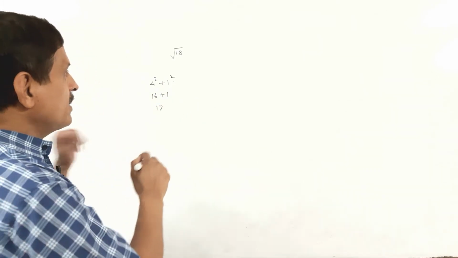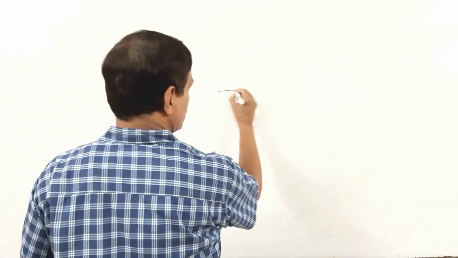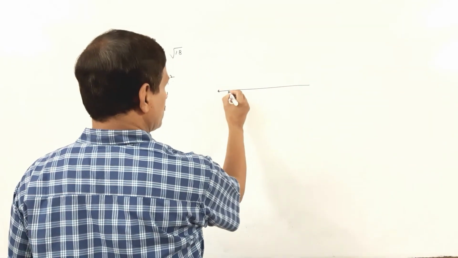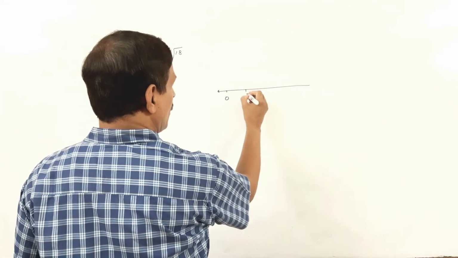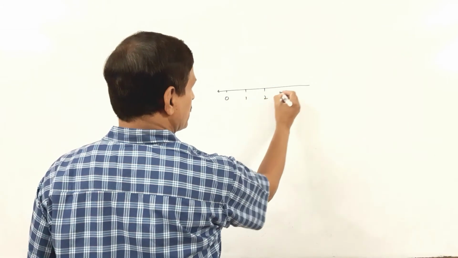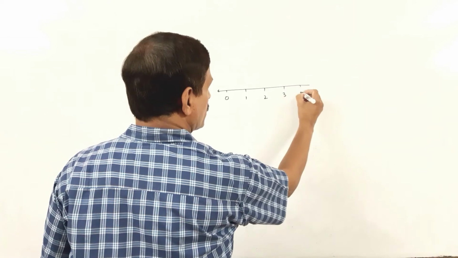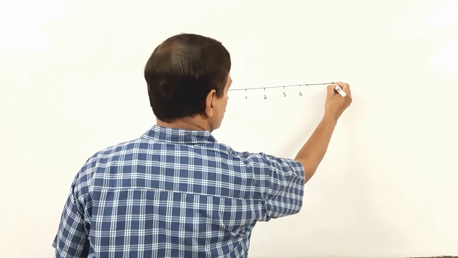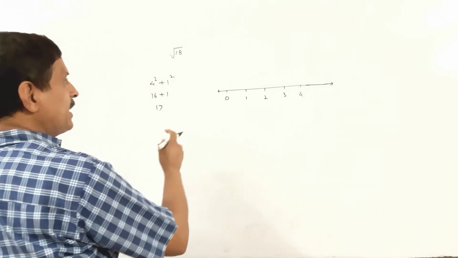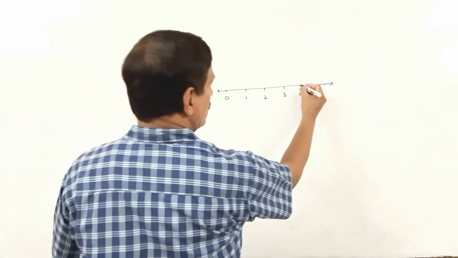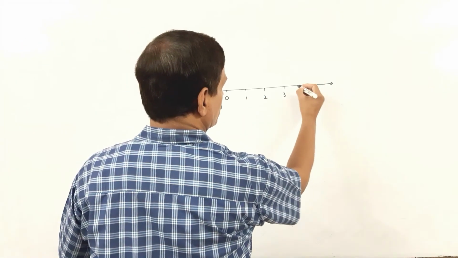So we can take base on the number line which is equal to 4 units, and then draw a perpendicular at point 4.